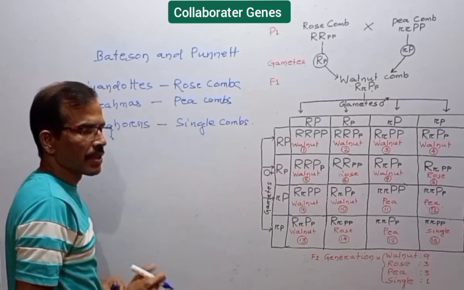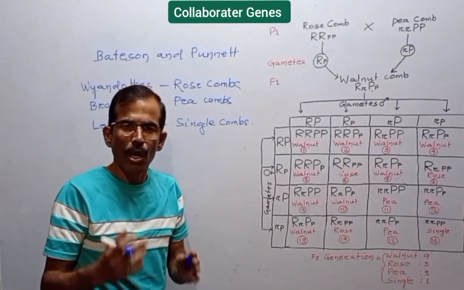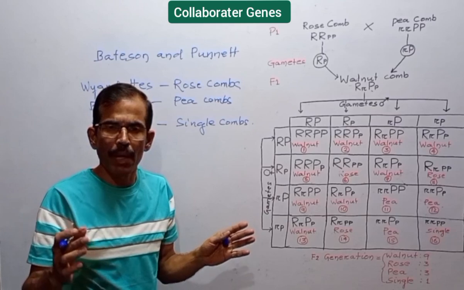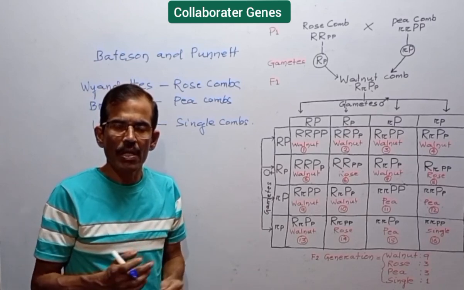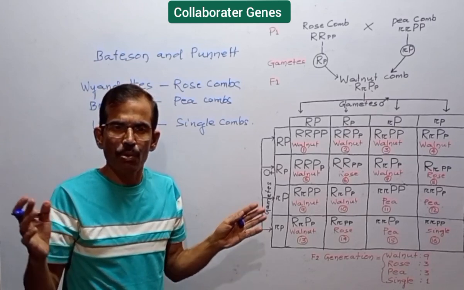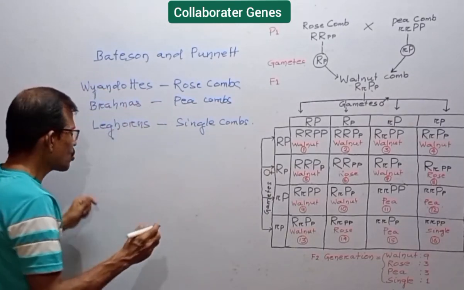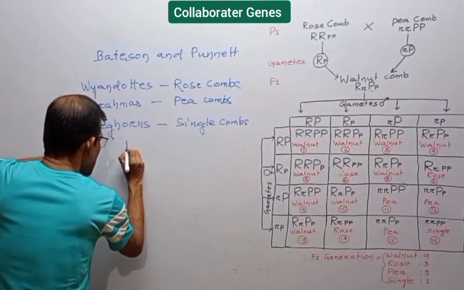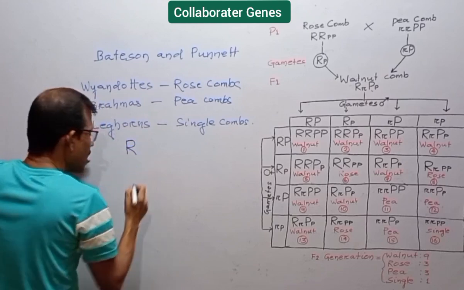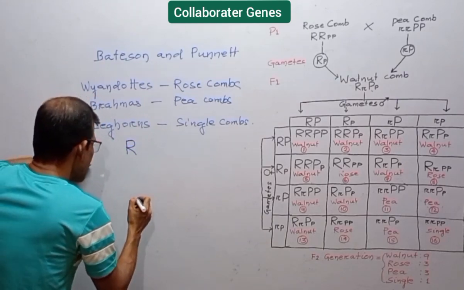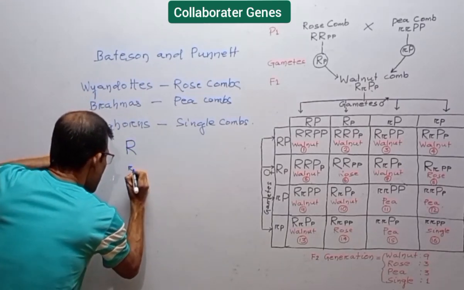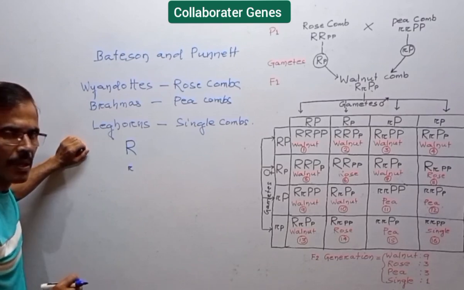Bateson and Punnett discovered that comb type is determined by two genes. One is the rose comb gene and the other one is the pea comb gene. Presence of the rose comb gene is represented by uppercase R and its absence is represented by lowercase r.